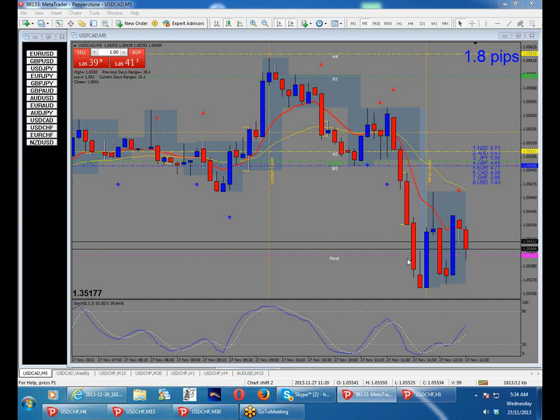It's also very close to this pivot line, so I'm going to hold off on it because I don't think it would give me very much. I'm on the 5-minute now, yes.